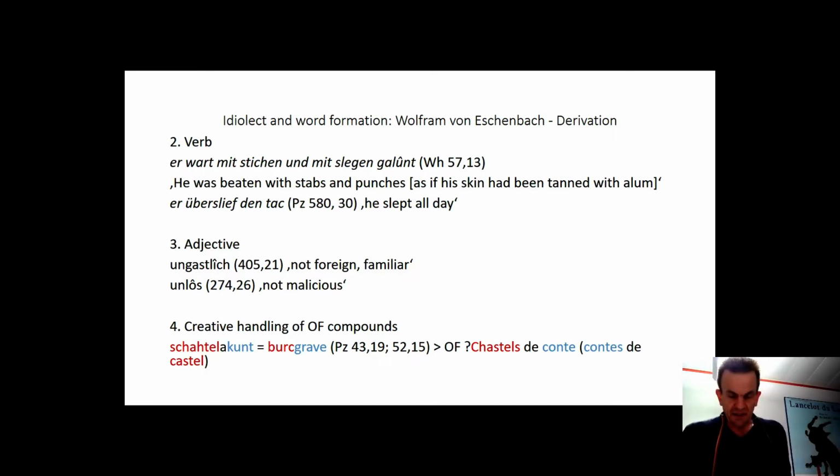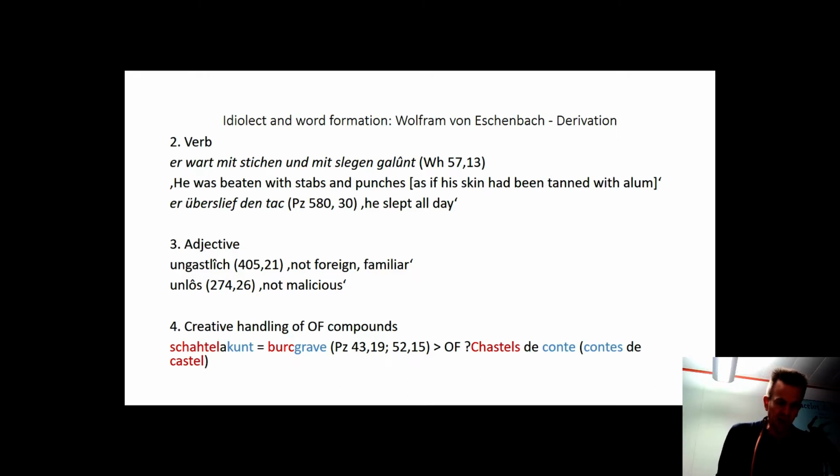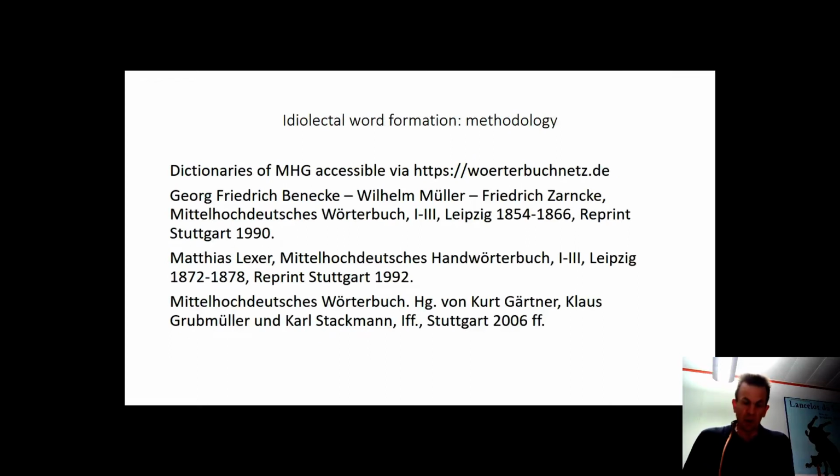In such context, the large Middle High German Belegwörterbücher, dictionaries based on source quotations, which can be conveniently accessed via the Wörterbuchnetz.de portal, are a useful tool, even if they are not the final corpus linguistic conclusion.